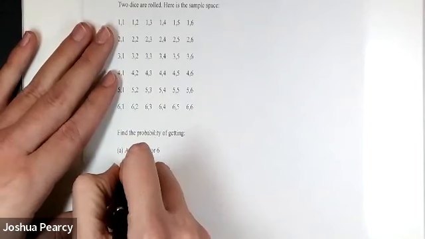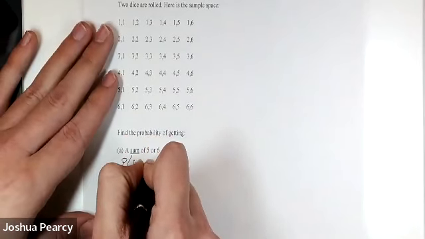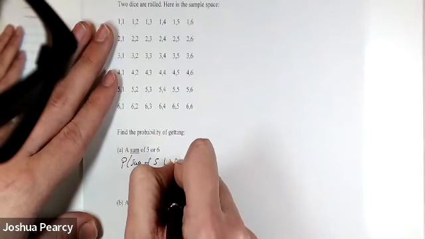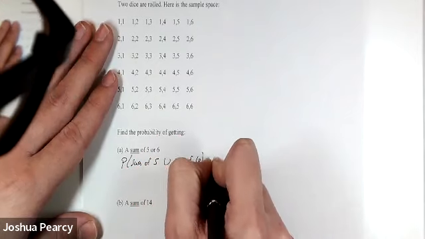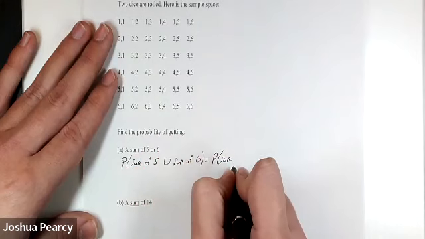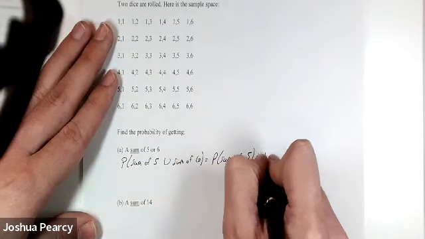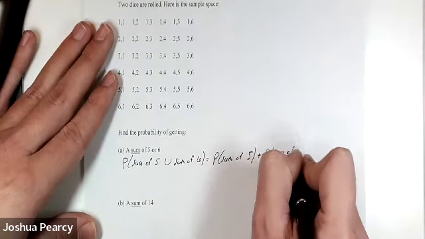So the probability of getting a sum of 5 or a sum of 6 is equal to the probability of a sum of 5 plus the probability of a sum of 6.